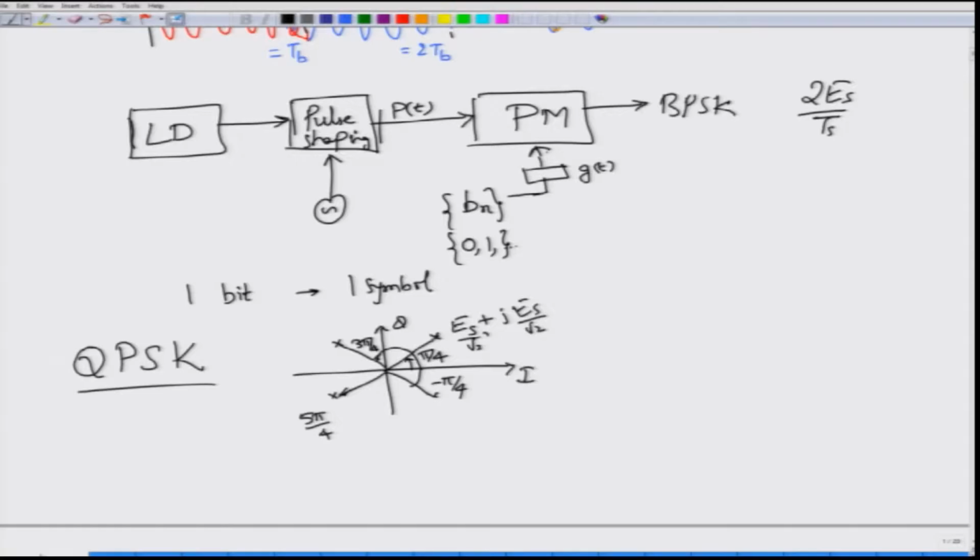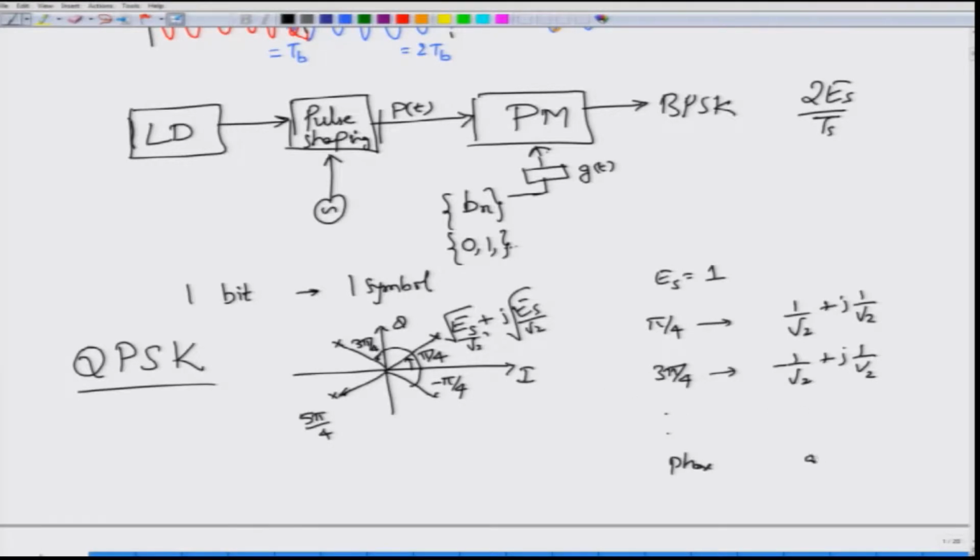If I take Es equal to 1, a normalization that I can do, then the point corresponding to the pi by 4 angle is located at 1 by root 2 plus j 1 by root 2, and 3 pi by 4 is located at minus 1 by root 2 plus j 1 by root 2, and so on. I will leave the other two as exercises for you to complete the phase to complex amplitude mapping.